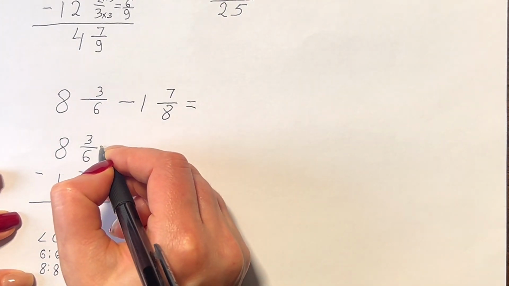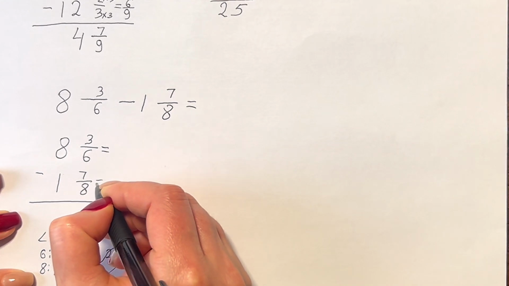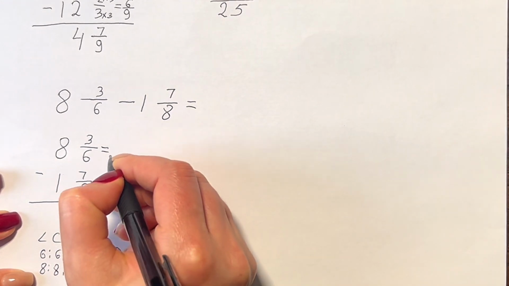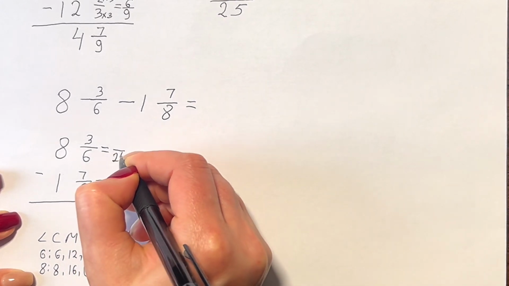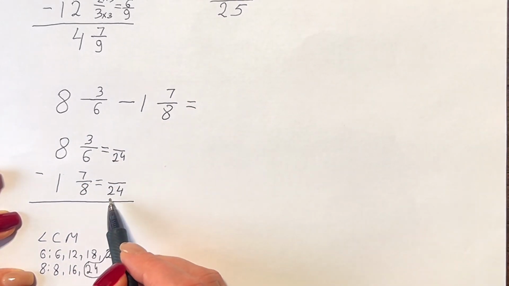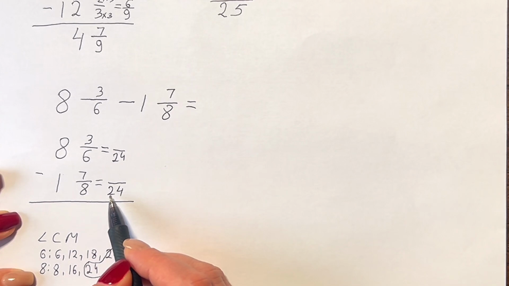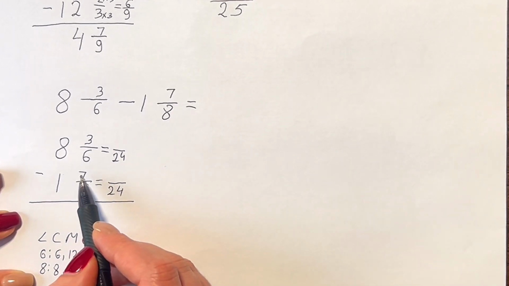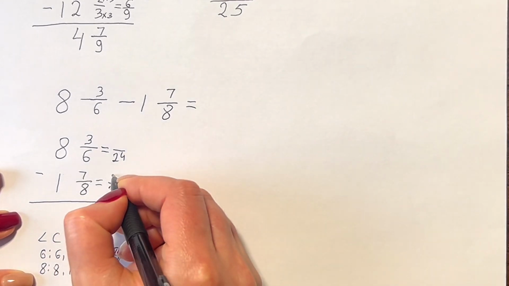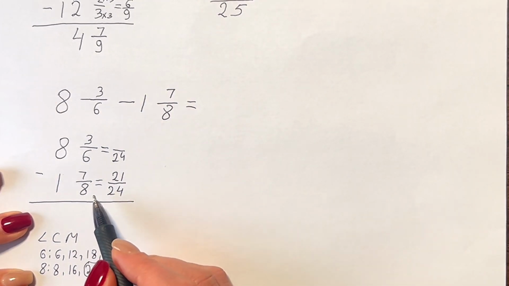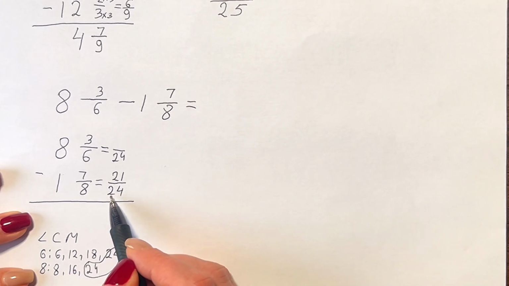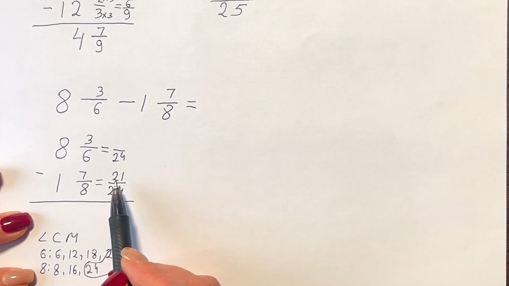So both fractions, the denominators, I'm gonna make 24. So 8 times what is gonna be 24? 3. I have to multiply 7 by 3 because you remember the equal fractions. When you are doing something in a denominator, you have to do the same thing in a numerator.